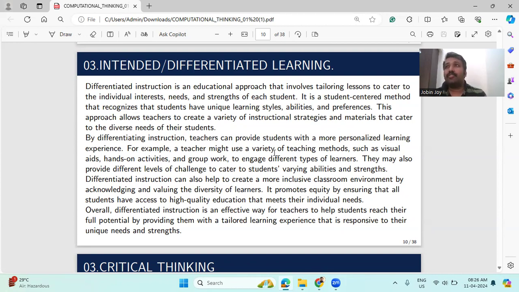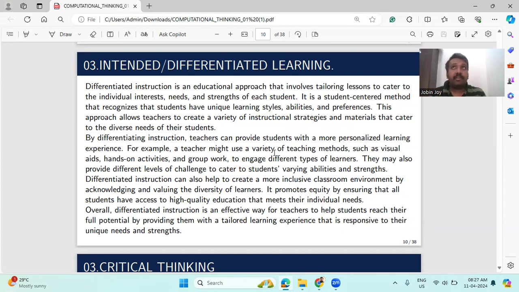Classroom engagement is a very relevant topic, and how will you solve the situation? It is the duty of the teacher to use a variety of teaching methods, such as visual animation, visual aids, hands-on activities, group work activities, and practical oriented activities.